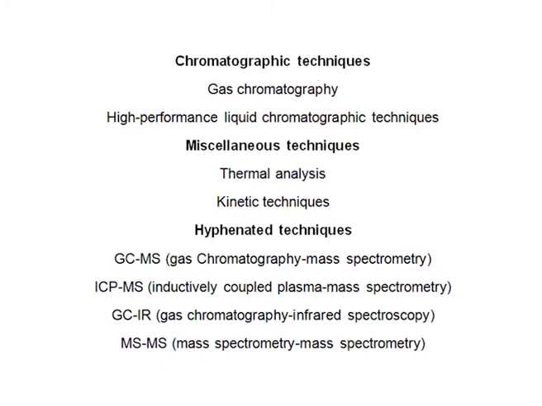Chromatographic techniques: gas chromatography, high performance liquid chromatographic techniques, miscellaneous techniques, thermal analysis, kinetic techniques, hyphenated techniques, GC-MS, which means gas chromatography mass spectrometry, ICP-MS, inductively coupled plasma mass spectrometry, GC-IR, gas chromatography infrared spectroscopy, MS-MS, tandem mass spectrometry.